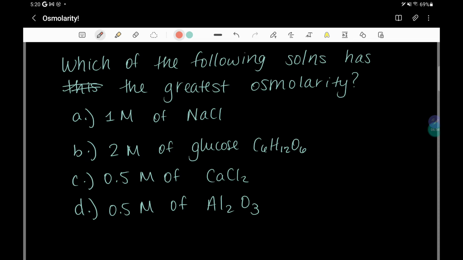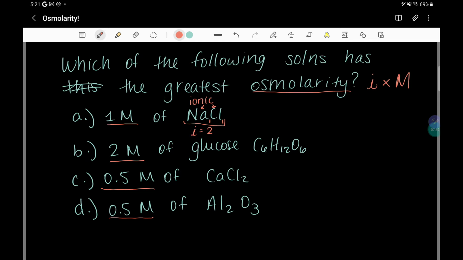Okay, so to solve each one of these, we're going to use our osmolarity formula, and our osmolarity formula is that value of i times the concentration in molarity. So we can see in each one of these we have the molarity given, and it's a little bit different for each. So how are we going to figure out that value for i? For this first one, we're going to look at this formula, and we're going to add up all the subscripts. 1 plus 1, our i is going to be 2 because this is an ionic compound, because we've got our metal and our nonmetal.